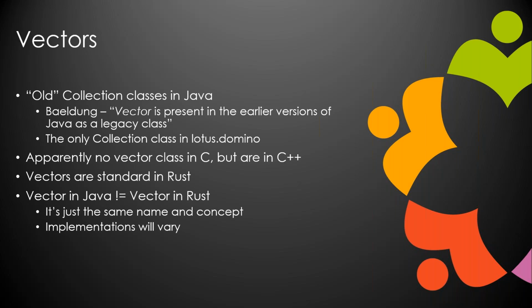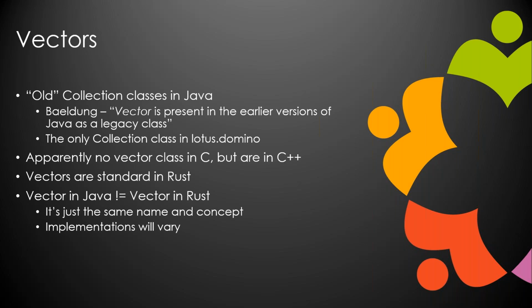Moving on to vectors. This is the kind of old collection class that you're probably familiar with from the Lotus.Domino classes. If you are working with Java and you're not aware of the Oracle Java docs site, then really, if you're using Java, you should be using it for how to use certain things.